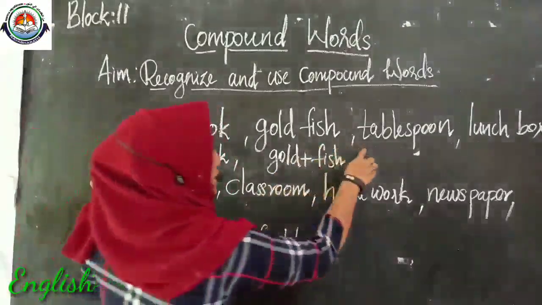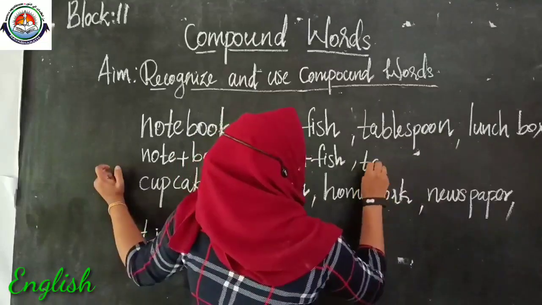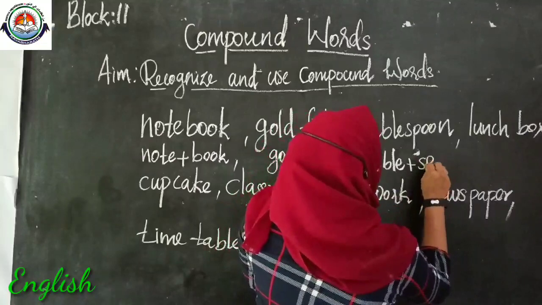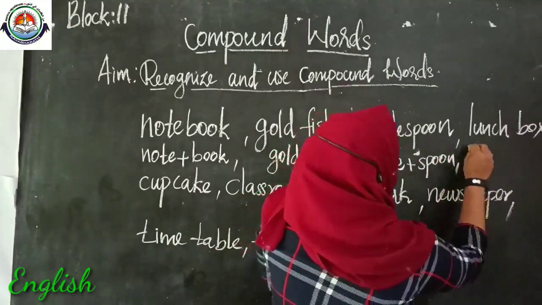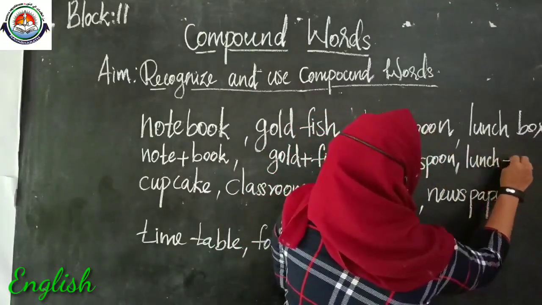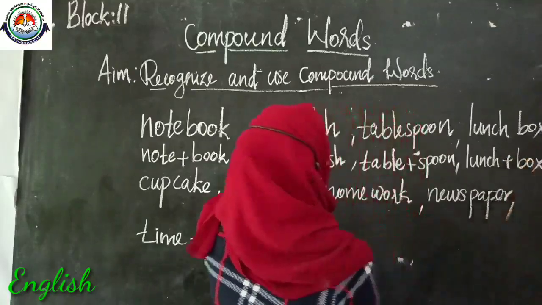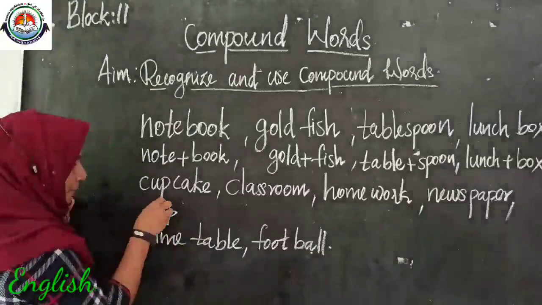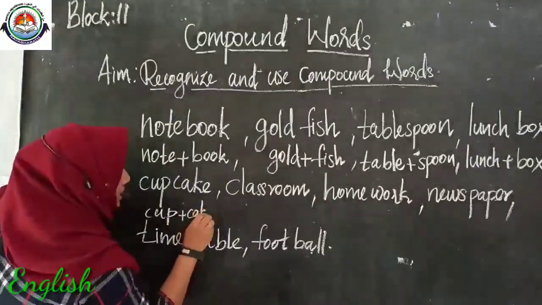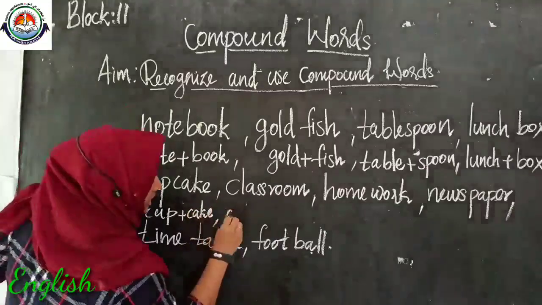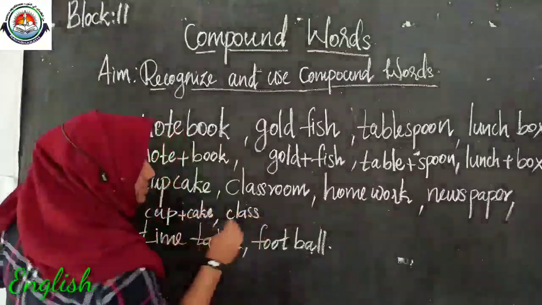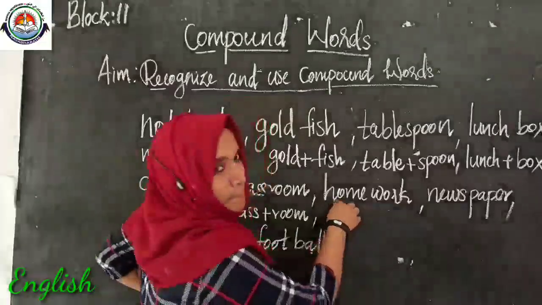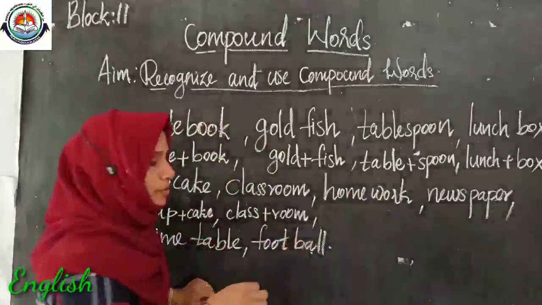Then tablespoon, we can write it this way: table plus spoon. Lunchbox is lunch plus box, and cupcake is cup plus cake. Then classroom is class plus room, and home plus work, homework.